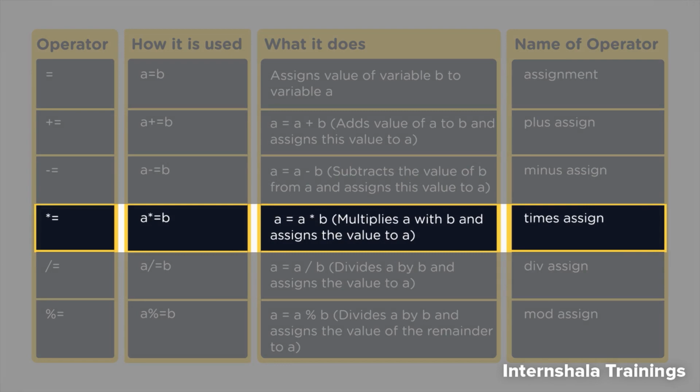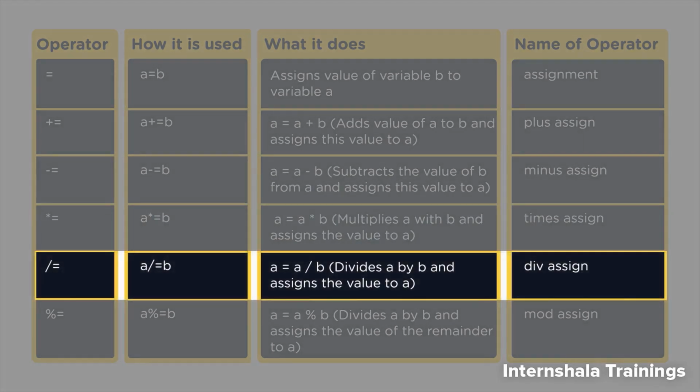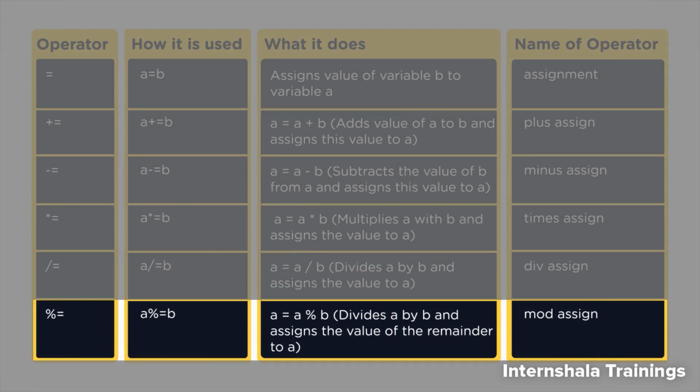The times assign multiplies the value of a to b, and then the result is stored in variable a. The div assign divides the value of a by b, and the result is stored in variable a. And the mod assign divides value of a by b, and the value of the remainder is stored in a.